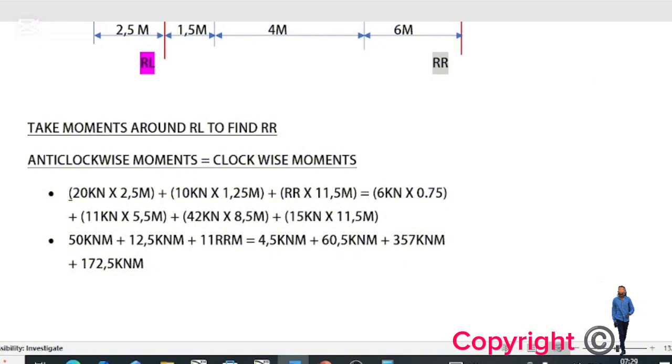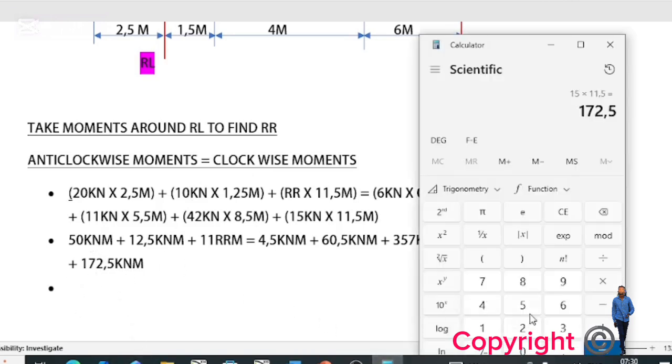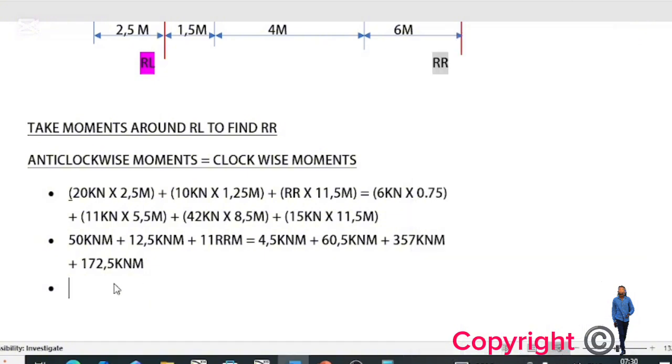So it is like this. Then I will add this one and this one. Let me add 50 plus 12,5 equals 62,5 kilonewton meter, plus 11 RRM equals.